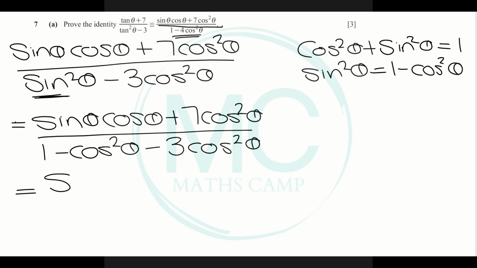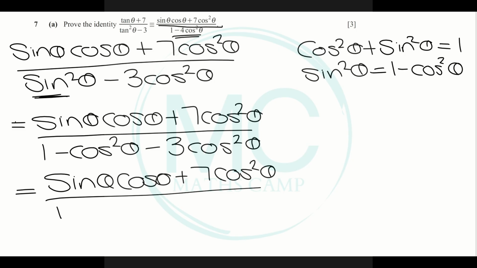So my numerator, sine theta cos theta plus 7 cos squared theta all over 1 minus cos squared theta minus 3 cos squared theta gives me negative 4 cos squared theta. And now we have the fraction on the right. So we can say that this is now equal to the right hand side.